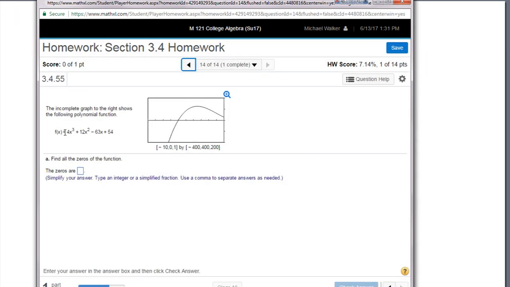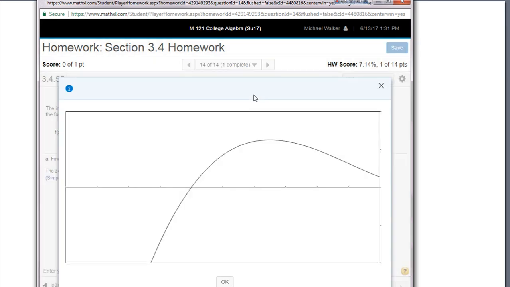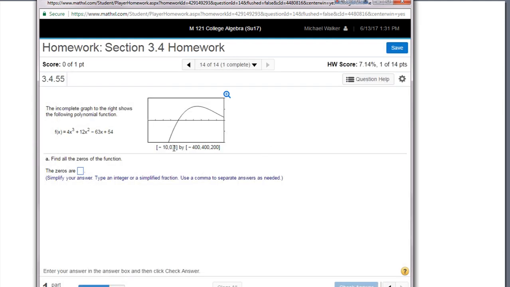So we've got the graph of the polynomial function f of x is equal to 4x cubed plus 12x squared minus 63x plus 54, and we're given this little graph to look at. Our window is from -10 to 0, with increments of 1.